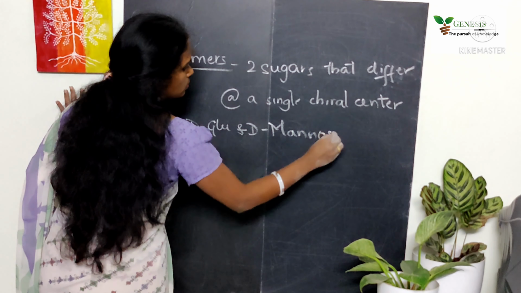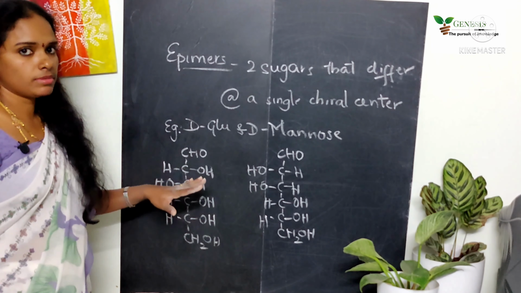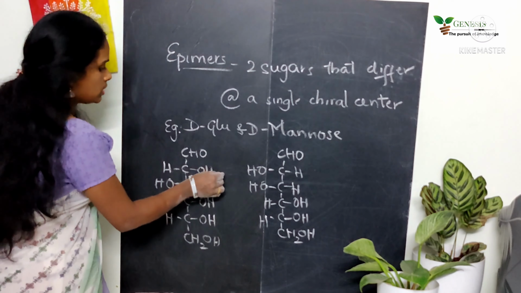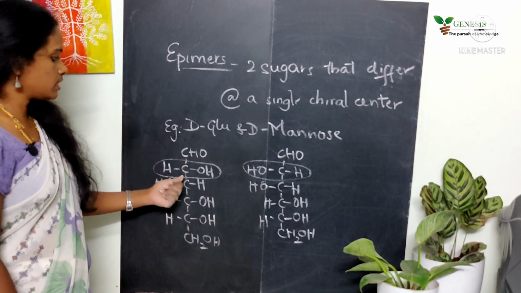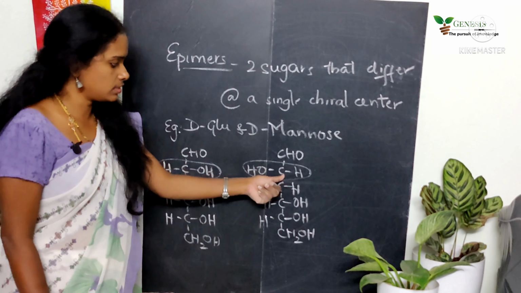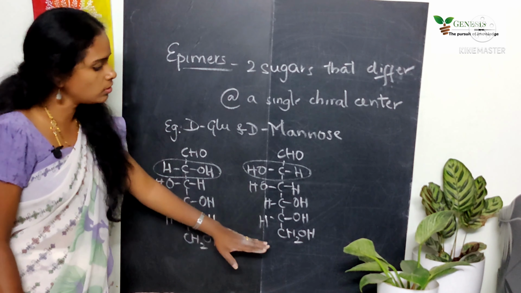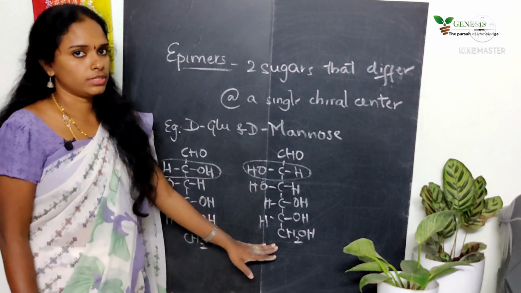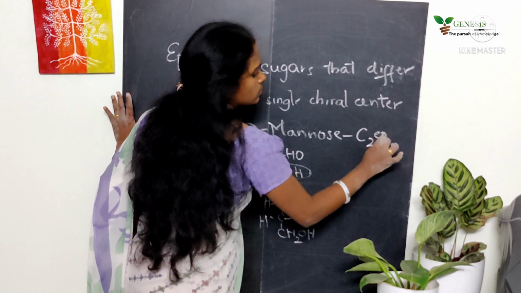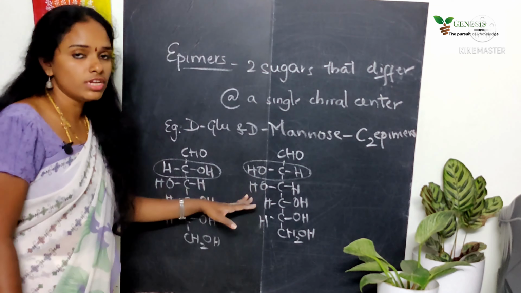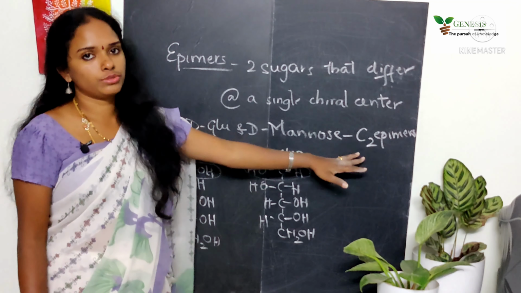Let's write them down. If we look at these 2 structures, both will be the same at all other carbons except the second carbon. At the second carbon, this chiral center has OH on the right side and the other has OH on the left side. Except this, the remaining structure is the same for both sugars, right? So these 2 are C2 epimers because they differ at the second chiral center.